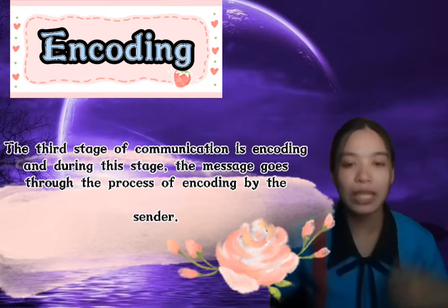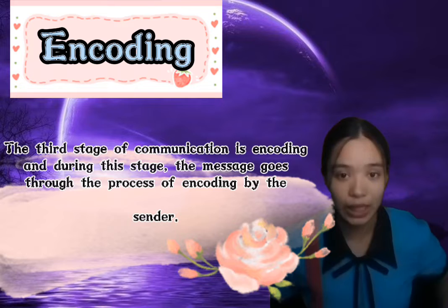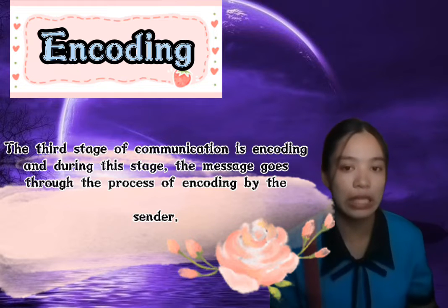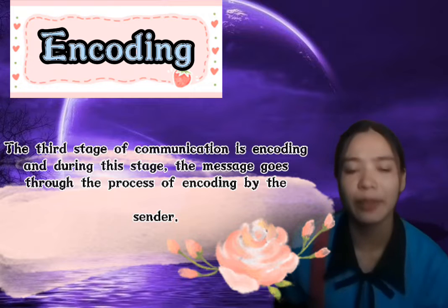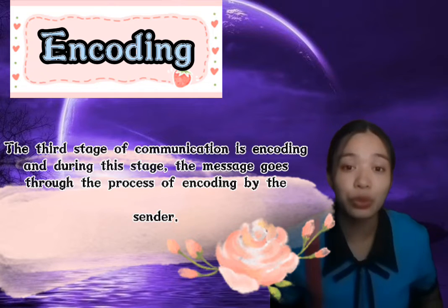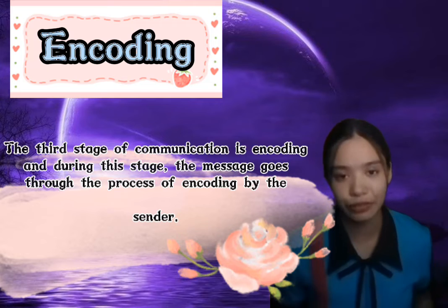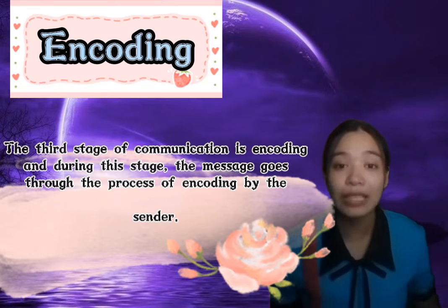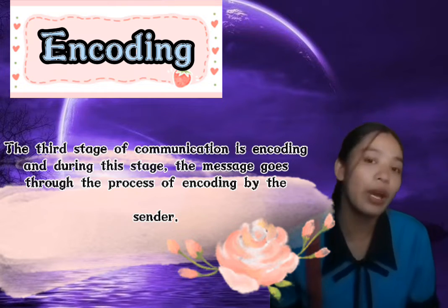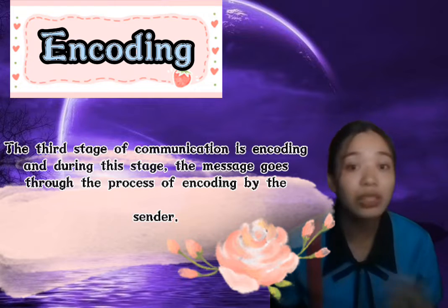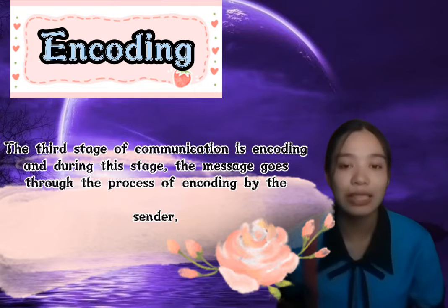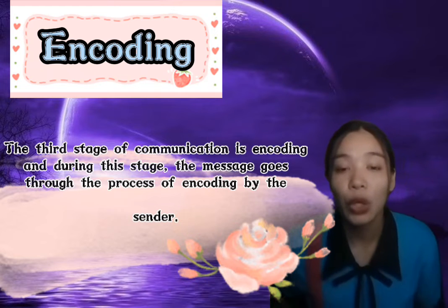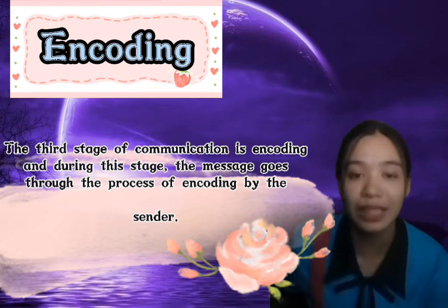In the encoding stage, the sender wants to send a message to the receiver, so we must encode it, whether as gestures, pictures or words, so that the receiver could interpret the message correctly and properly.